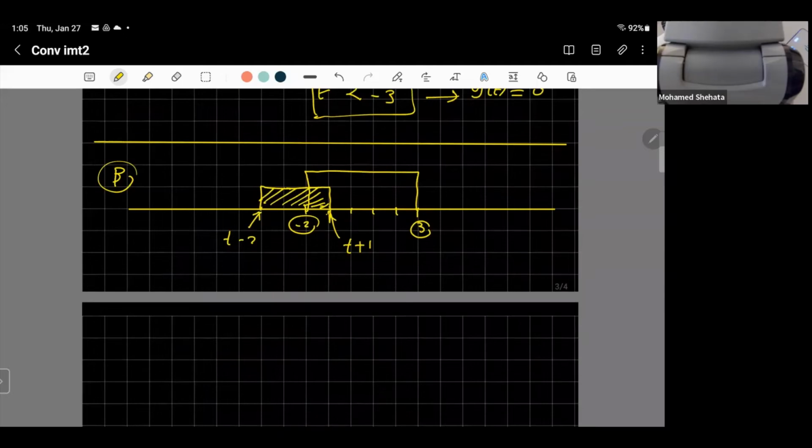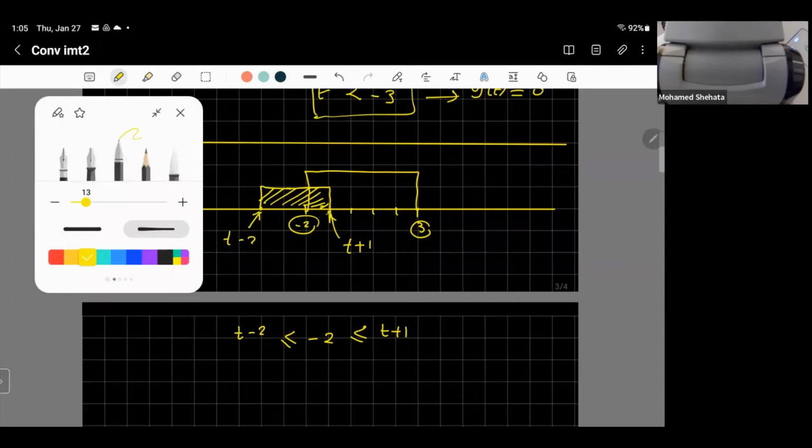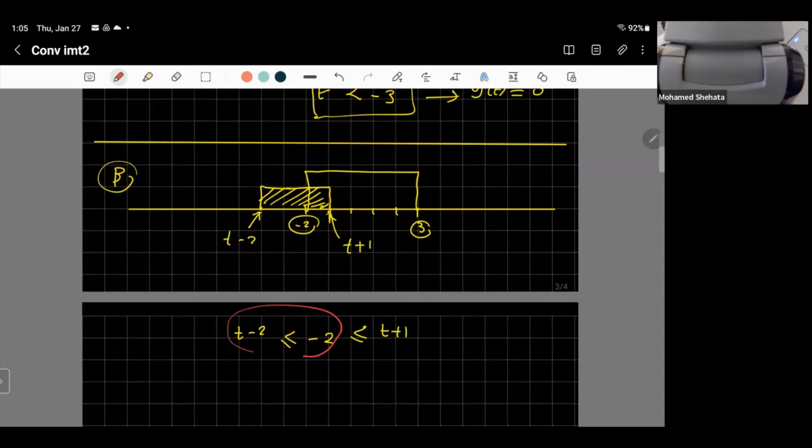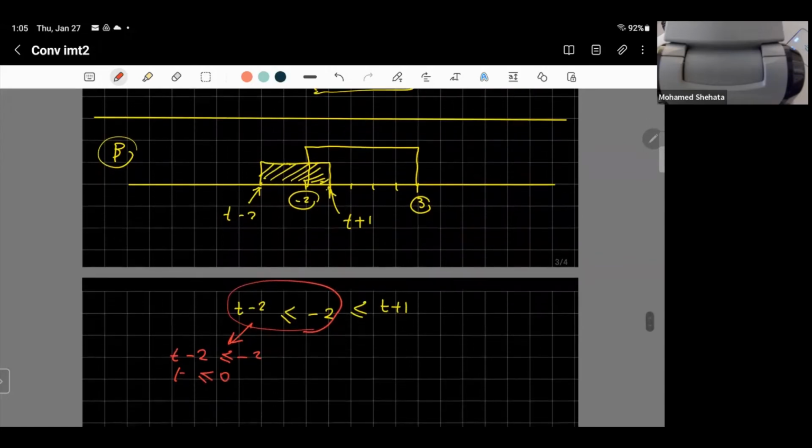So what is the interval that will be valid for partial overlap? Negative. Yeah, negative. That's right. You see, -2 has to be between, means greater than t minus 2 and less than t plus 1. That's good. And then you continue from here, you'll get both limits. You will say this side, you have t minus 2 less than -2. So t less than 0, right?